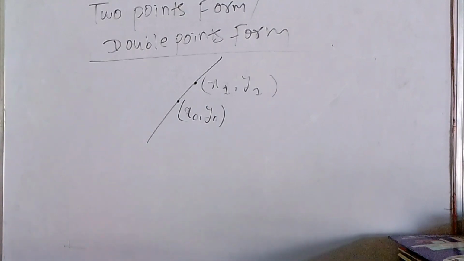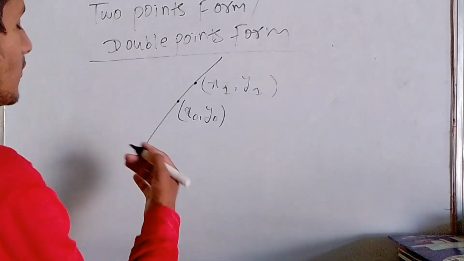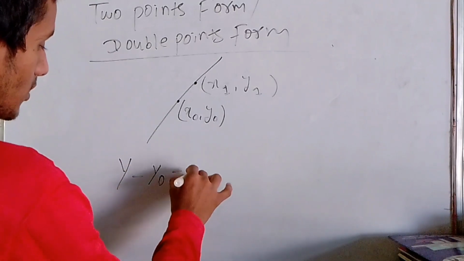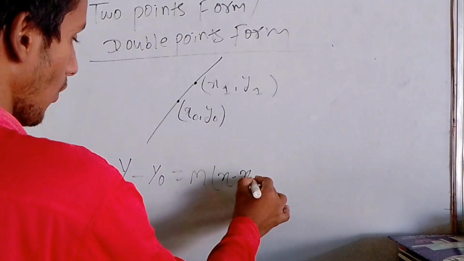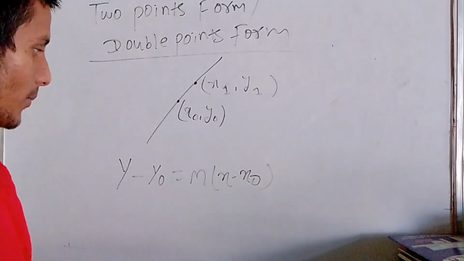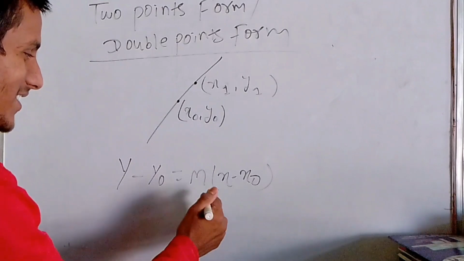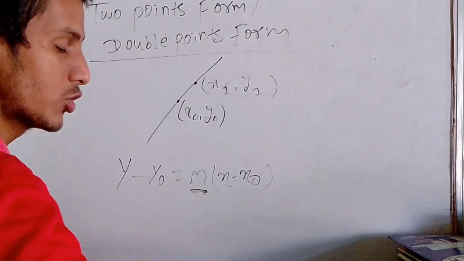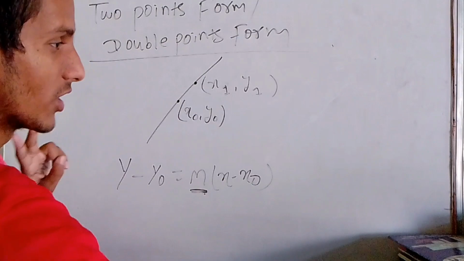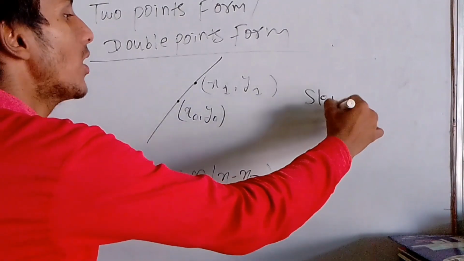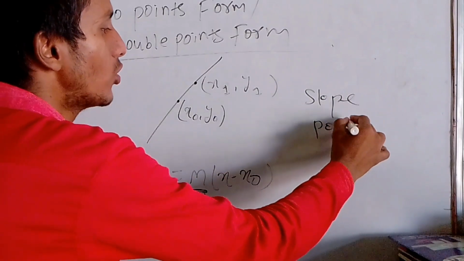So look, you're going to use the same formula as earlier: y minus y naught is equal to m times x minus x naught. Why are you going to use the same formula? Because it takes just one point, plus the slope m, which is not known here. In the previous form we had the slope and one point known.